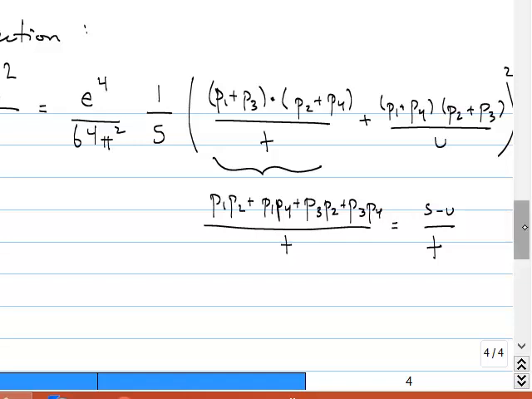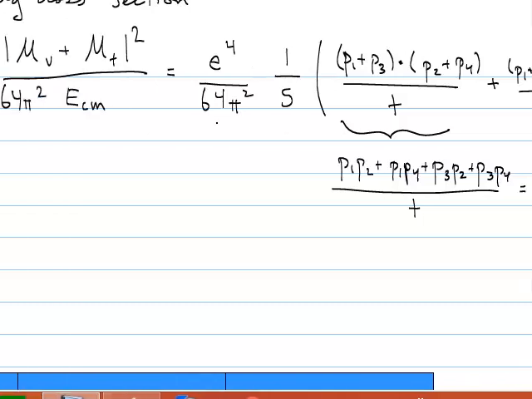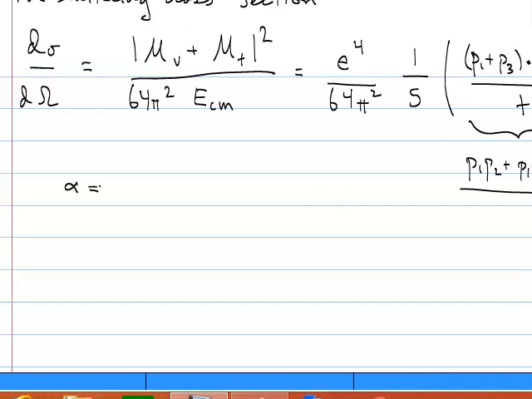So you get some completely explicit answer in terms of these Mandelstam variables. There's a bit of convention that we often use. We often introduce what's known as the fine structure constant, which is e squared over 4 pi, a little less than 1%.